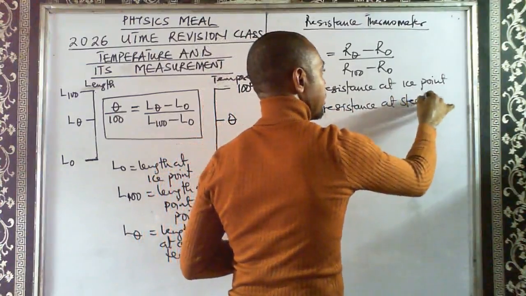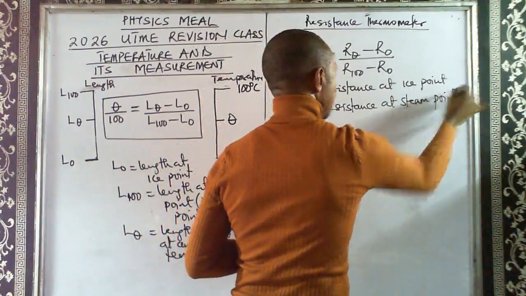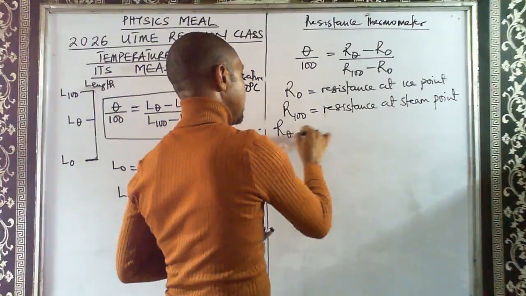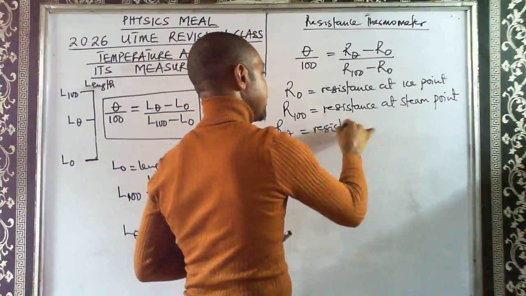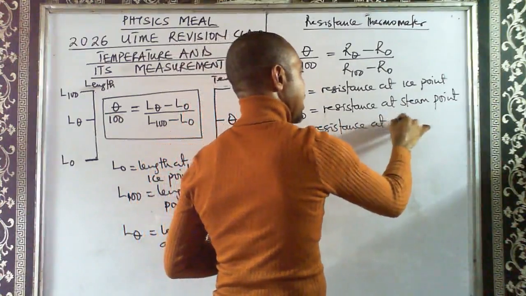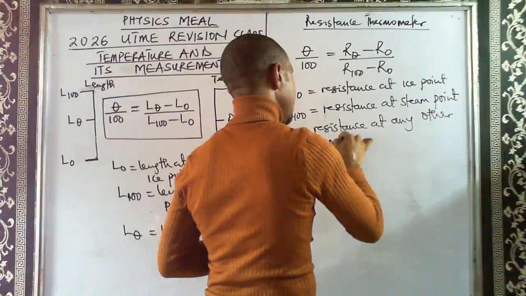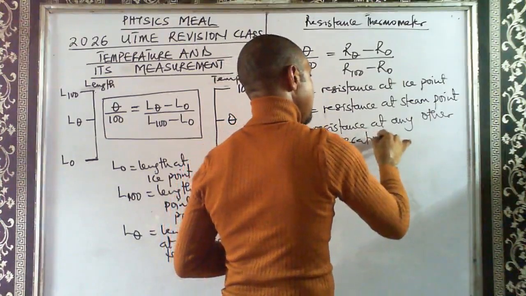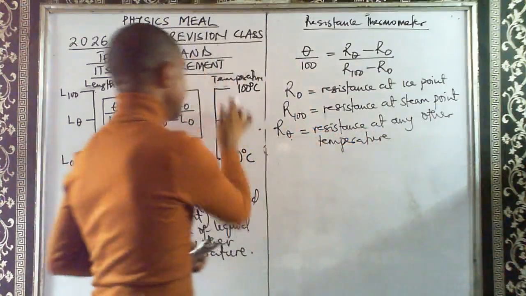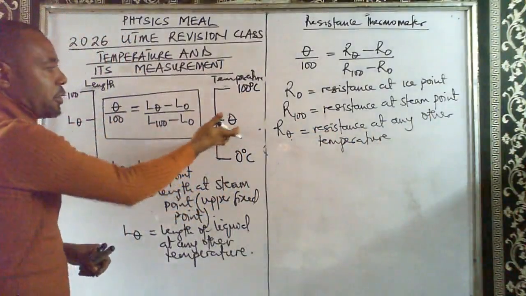Steam point. And then R theta is resistance at any other temperature. When we say any other temperature, it means any other temperature theta, that is neither this or this.